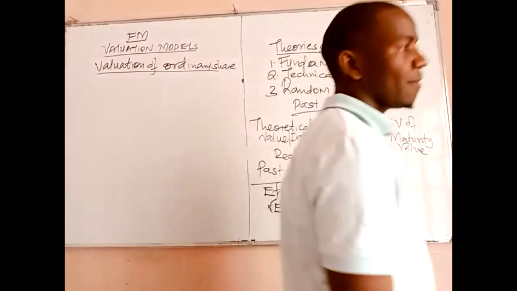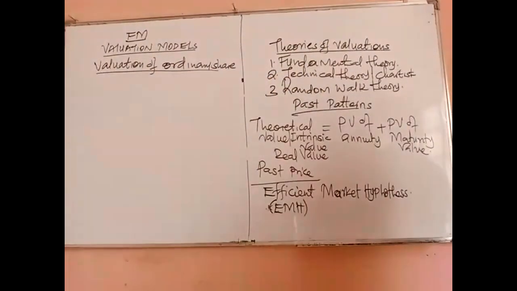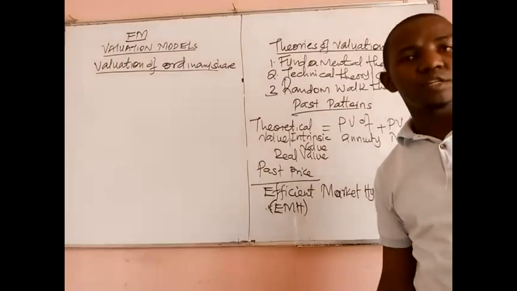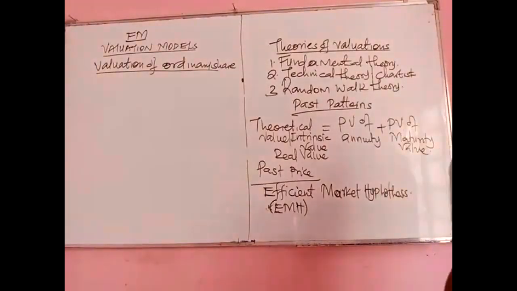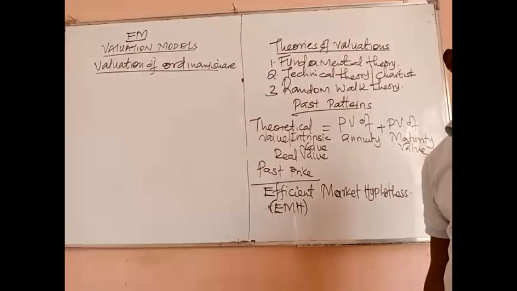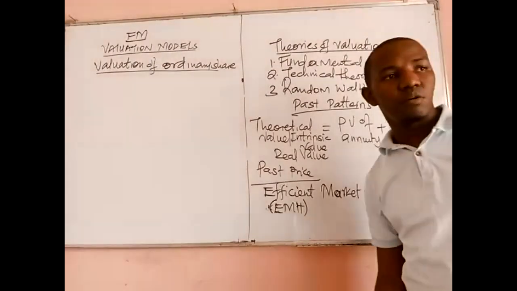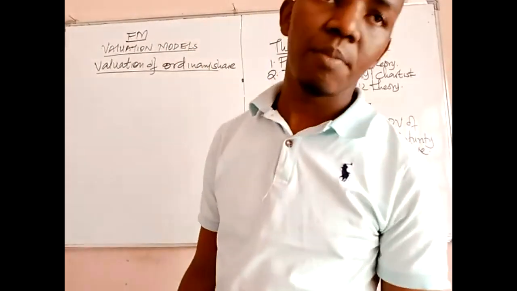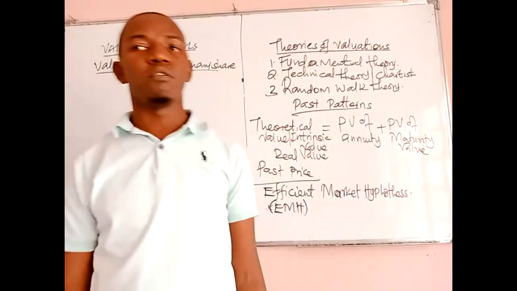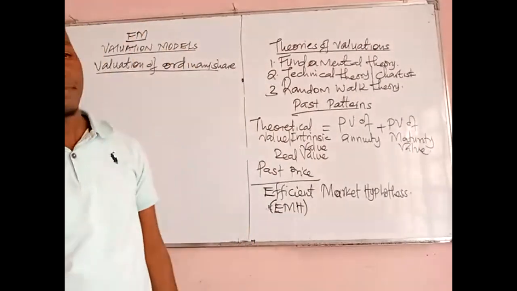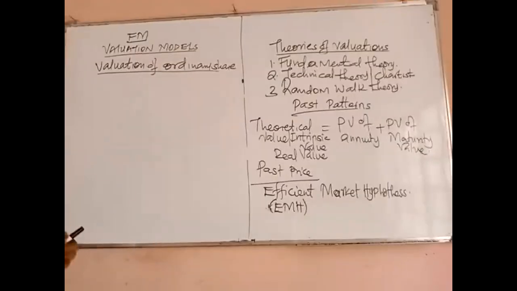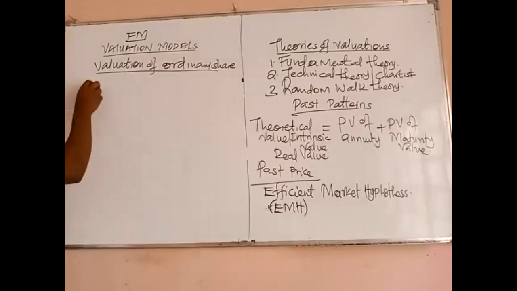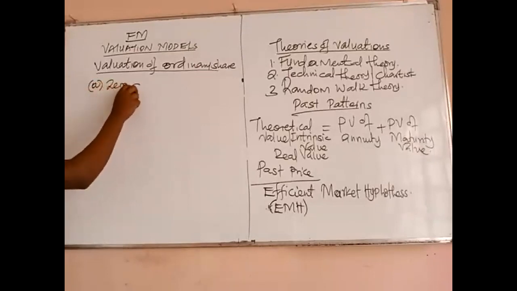Ordinary shares are classified into three for the purposes of valuation. Number one is what we call the zero dividend growth rate ordinary shares.